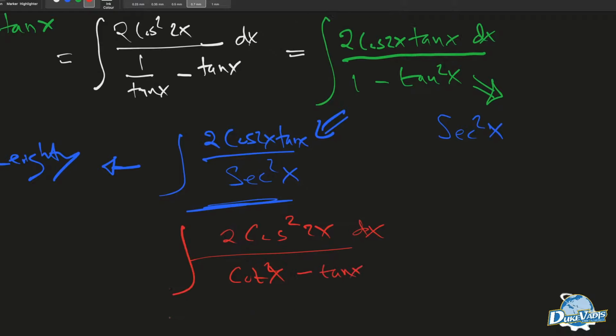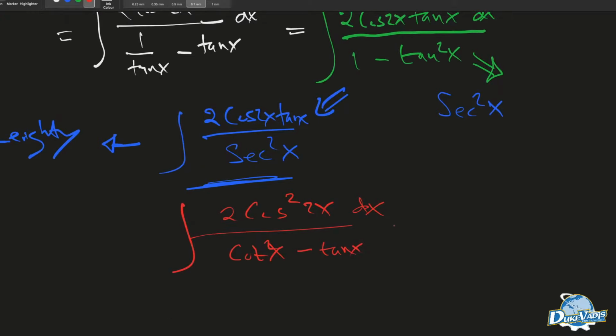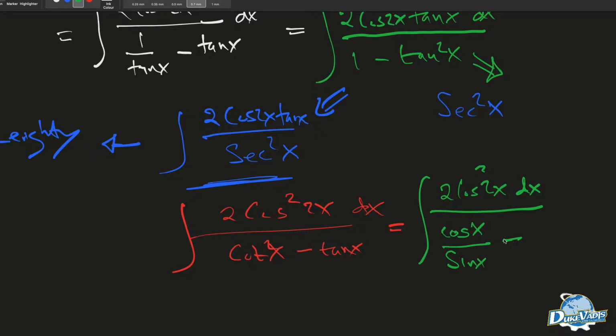Okay, now why don't we try and break it down, because we know cotangent is given as cos x over sin x, minus our tan, which is sin x over cos x.